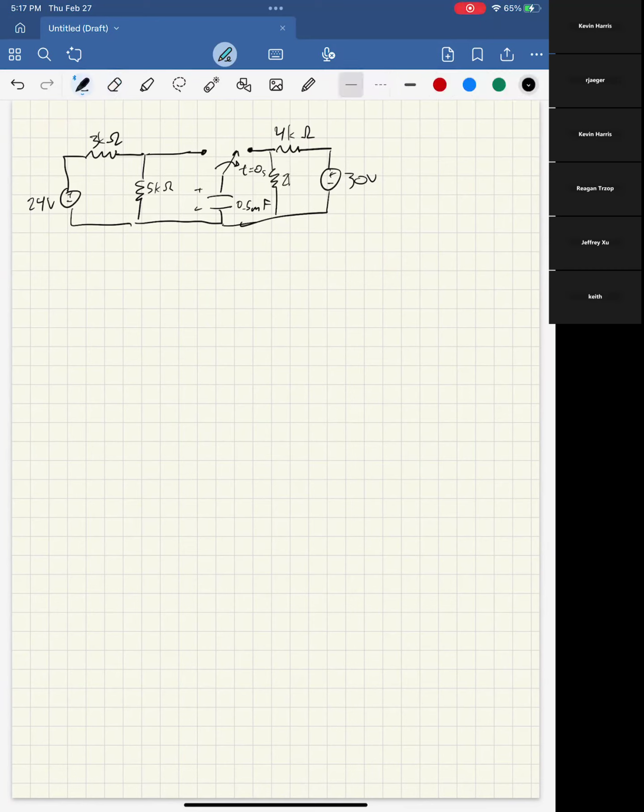Then for the t equals infinity circuit, we'd have something that looks exactly like that first circuit: the capacitor, the resistor, and here we'd have the 4K and the 2K.